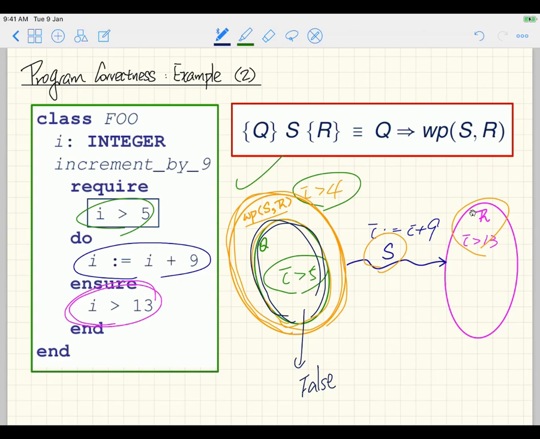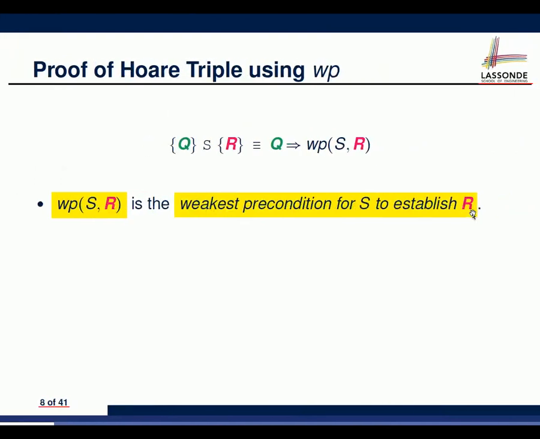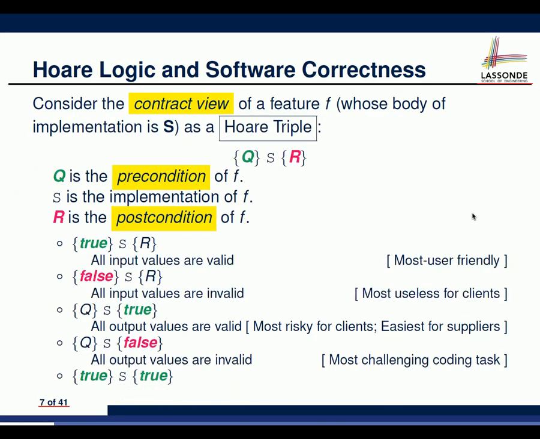Yep. Let me say one more thing, since we mentioned that. Remember the several scenarios that we talked about before? I will just mention this very briefly, but you can think about it when you review the lecture. When you look at this particular one, we got true being the precondition, and we got true being the postcondition. Once we learned about everything at the end of the lecture, you can justify by yourself.